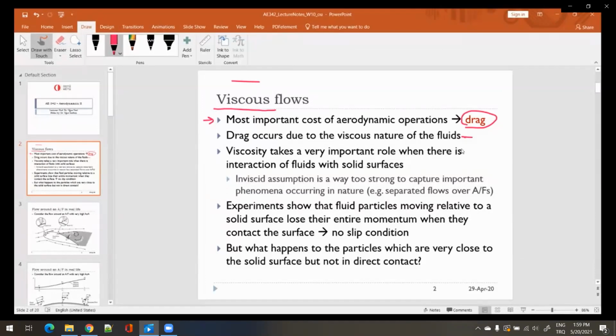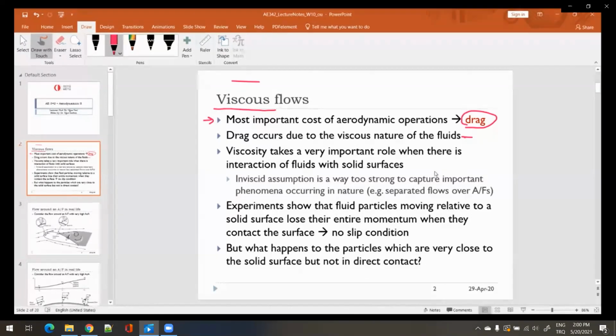As long as we have a fluid interacting with a solid body, this interaction causes a momentum loss on the fluid, as we will see in detail later. If you compare the momentum of the fluid oncoming towards a solid object to the momentum after it has interacted with the solid object, it's not the same. It loses some of its momentum.